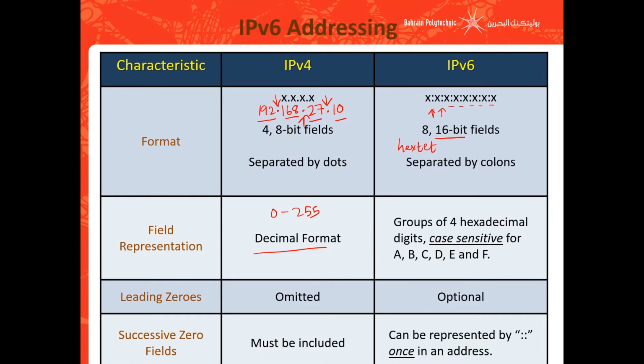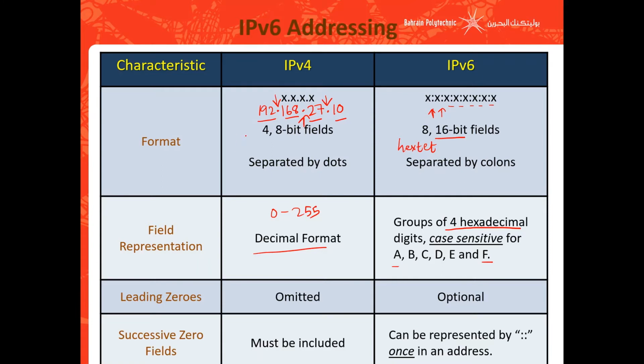In IPv6, what we have is groups of 4 hexadecimal digits, case sensitive from A to F. What does this mean in normal English?